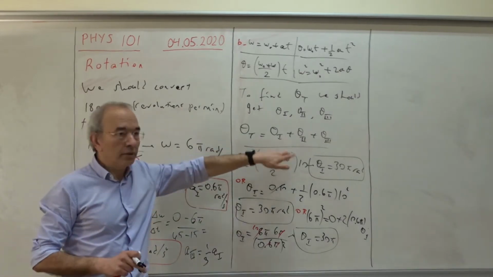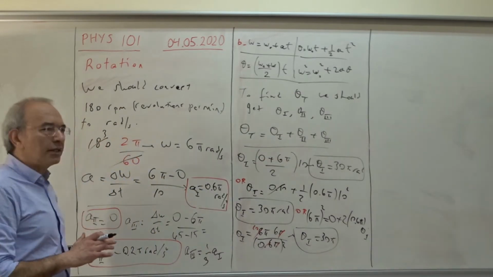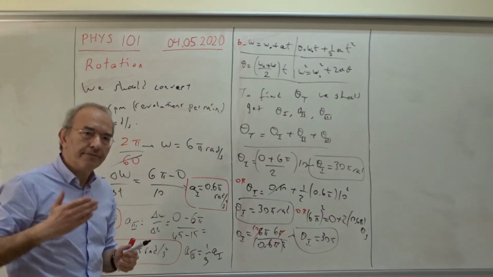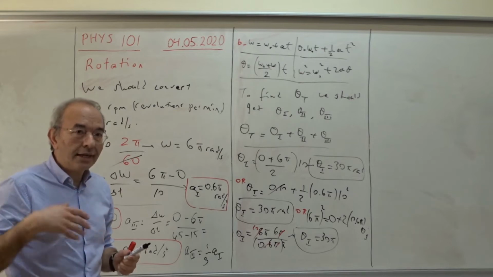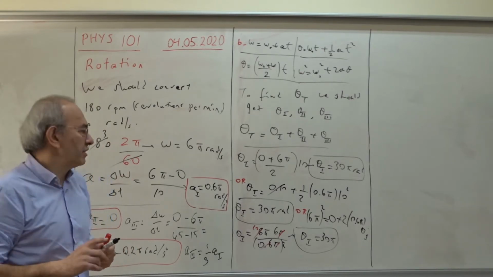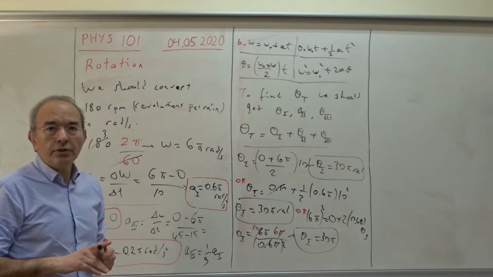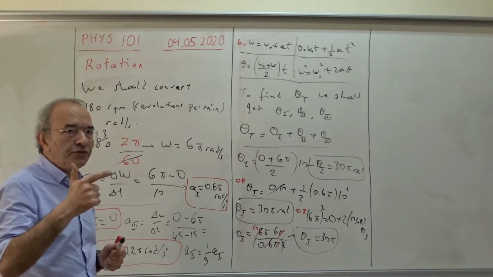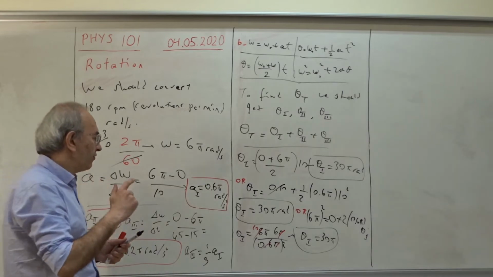Now, theta 2. How do you find it? It is the angular distance, the angle. Rotational distance is the angle, as you have seen. So theta 2 is just between 10 and 15 seconds.